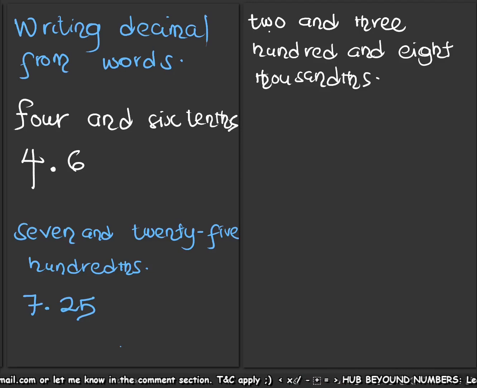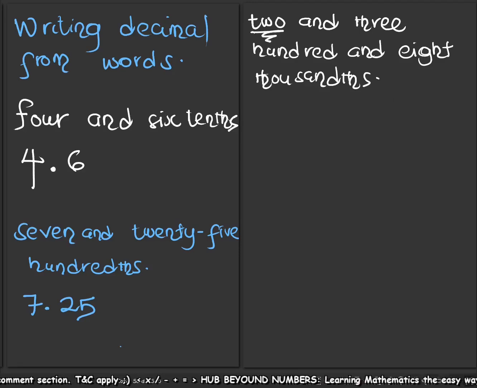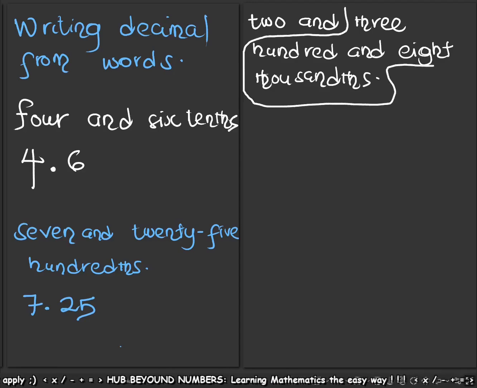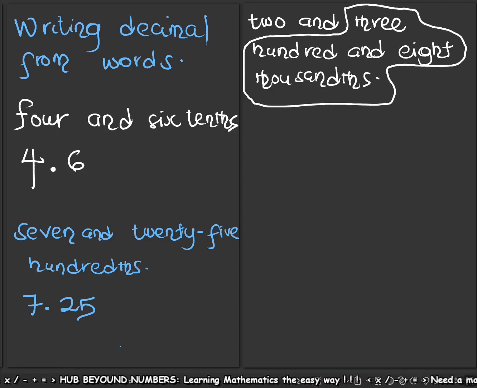So this here says 2 and 308 thousandths. So we have a 2 as a whole number. Then all of this is going to be the fraction part. You get it? If you're able to distinguish which one is the whole number and which is the fraction part, you are good to go.